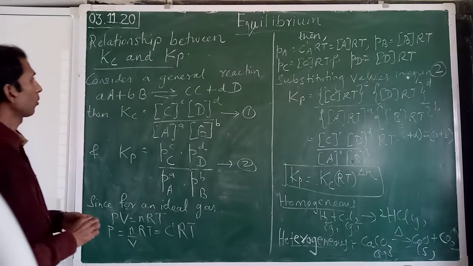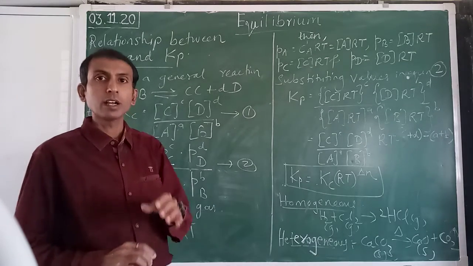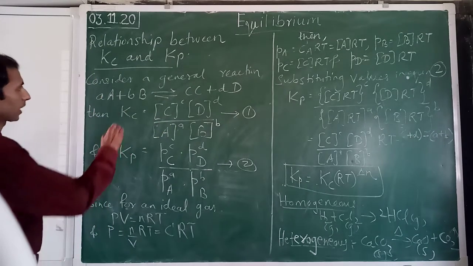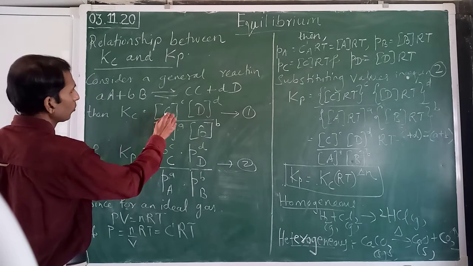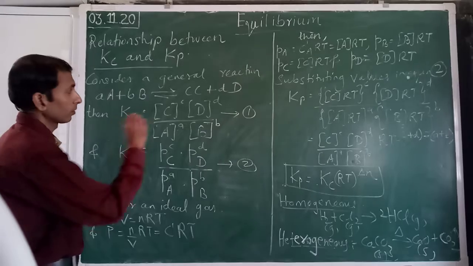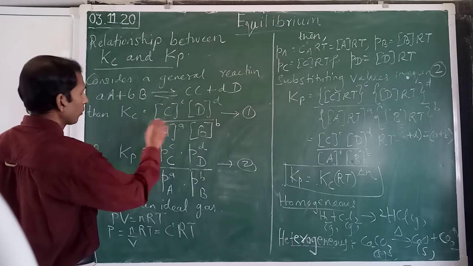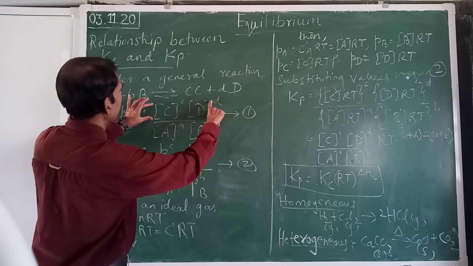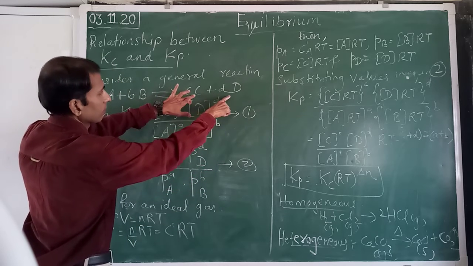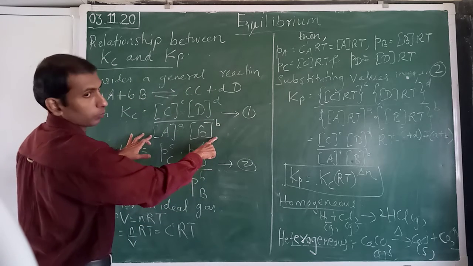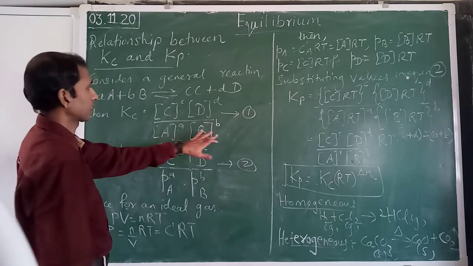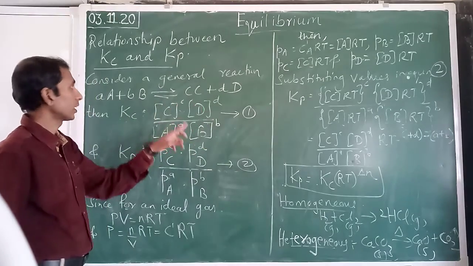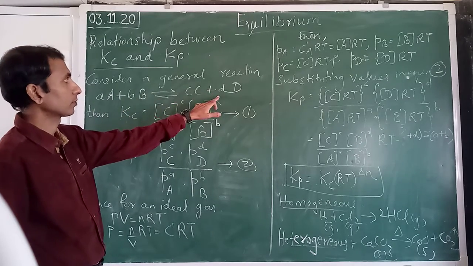For this particular general reaction, now we can write the equation for Kc. Already we know how to write it. Kc will be equal to the ratio of the product of active masses of the products and the product of active masses of the reactants raised to their coefficients in the equation.